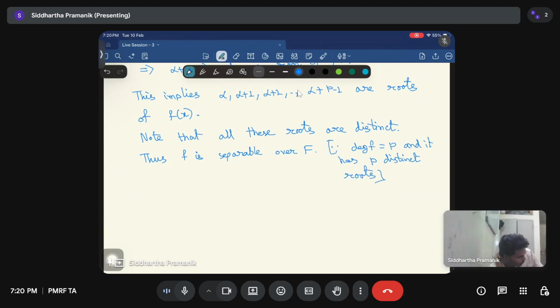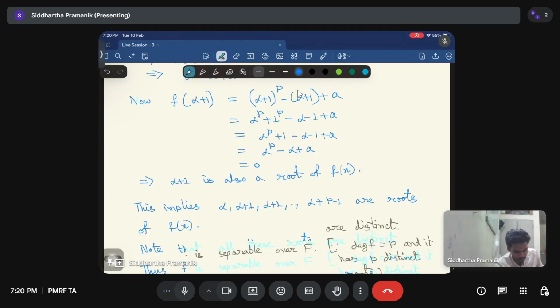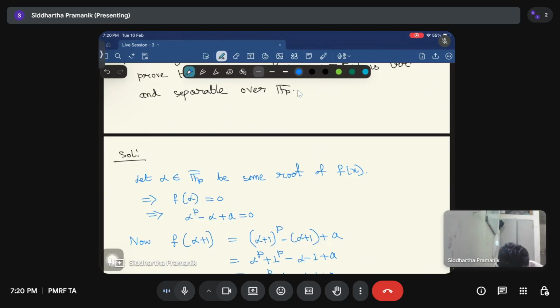Now what about the irreducibility? So first we have proved that f is separable.